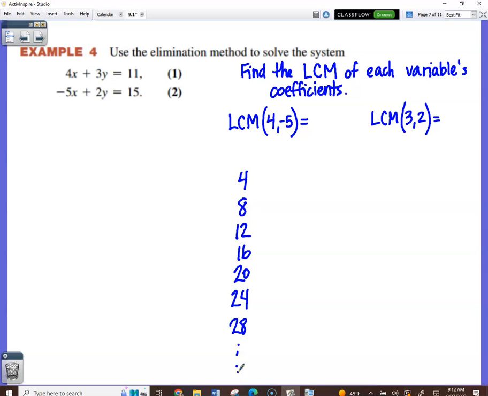Now go to the list of 5s. It can be -1, doesn't matter. But -5, -10, -15, -20, -25, and so on. LCM means what's the smallest multiple that they both go into? 20, right? So right here, this is 20. The negative doesn't really matter. 4 goes into 20, 5 goes into 20. Now you find the LCM of 2 and 3.